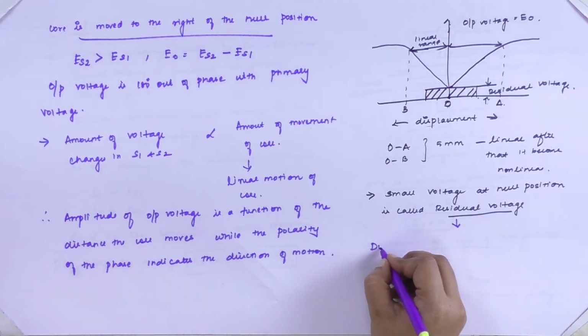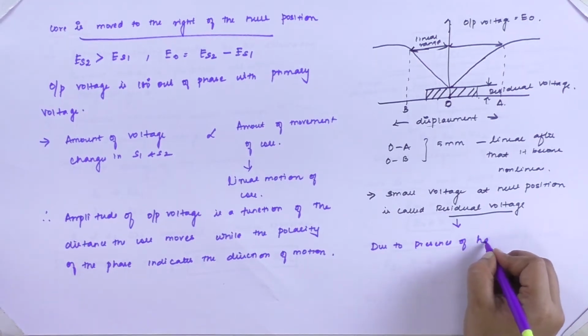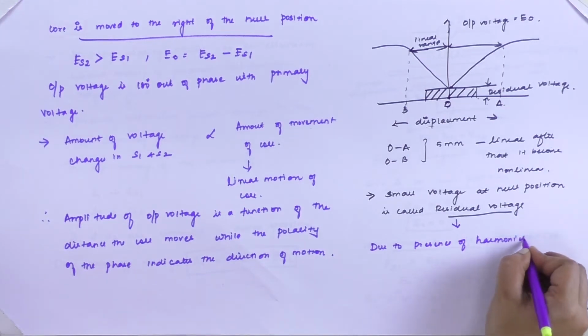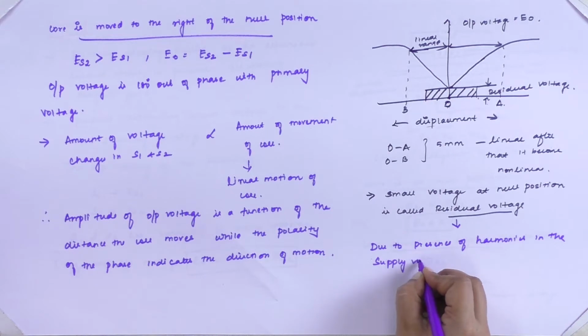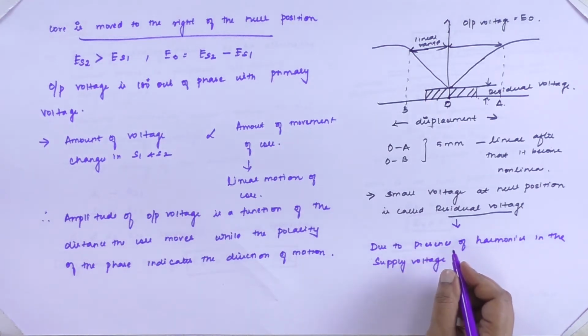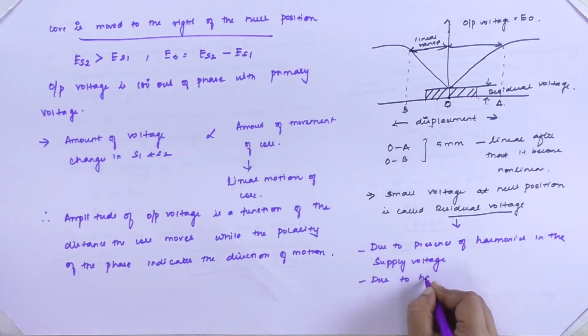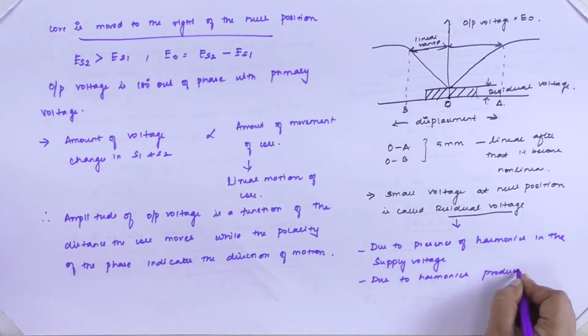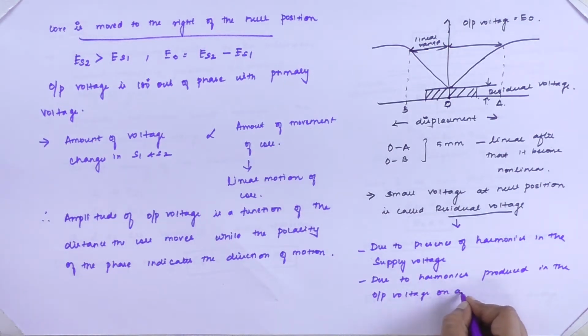This residual voltage is due to the presence of harmonics in the supply voltage, and also due to harmonics produced in the output voltage on account of the use of an iron core.